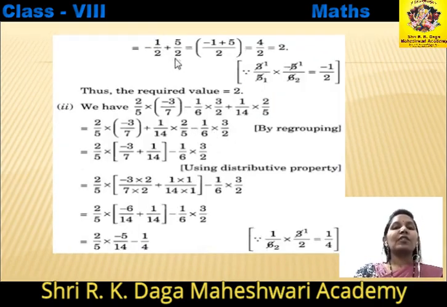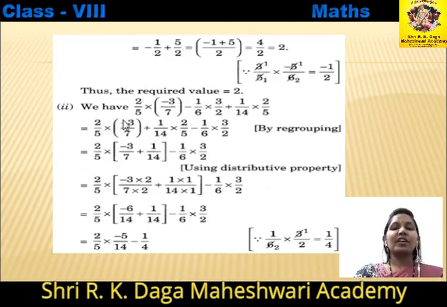Now both denominators are same, so we need not to take LCM. We directly write 2 in denominator and in numerator we have minus 1 plus 5. Plus 5 minus 1 is 4. So 4 upon 2, that is 2. So the required value is 2.